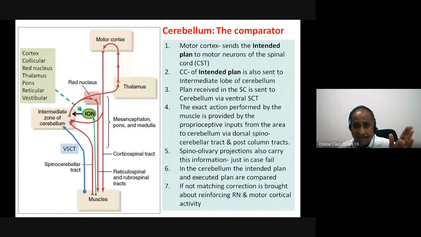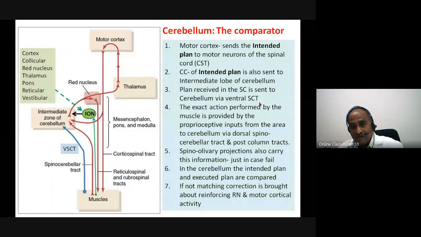That's fine. Now the plan is received in the spinal cord. The alpha motor neurons receive the plan. Now the collaterals reach the ventral spinocerebellar tract, because what they do is, yes, we have received this plan, this is the content of that plan.